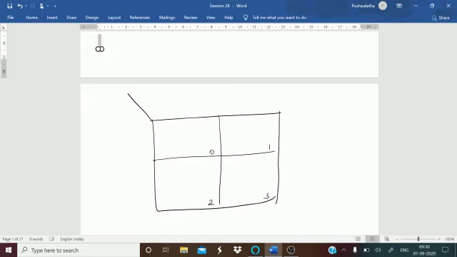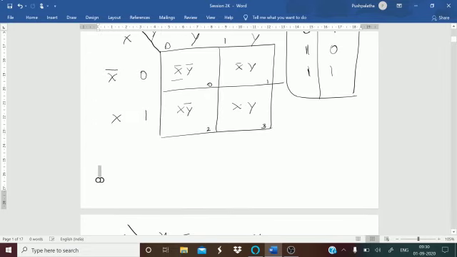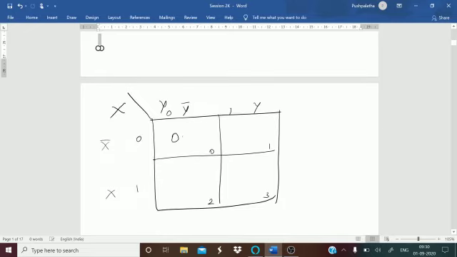This is your X, this is your Y, and 0 and 1: 0 means X bar, 1 means X. So earlier we said X bar Y bar, X bar Y, X Y bar and X Y. X bar means 0, Y bar means 0, so this is 0 0. Then X bar is 0 and Y is 1, that is X bar Y. Then X Y bar: X means 1, Y bar means 0.